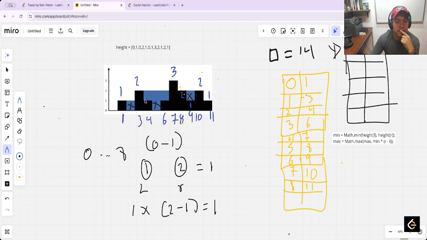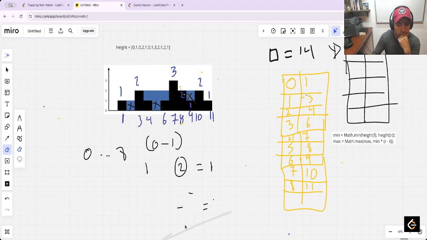Now this is 4. I think that it is plus 1. Yeah, in this case is, no. Now 1 and 2, the minimum is 1.